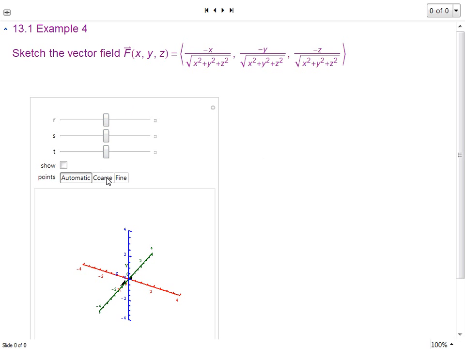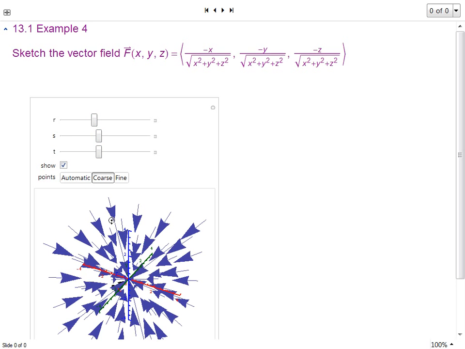Let me show you what it looks like. You know what? Let me show you the vector first. There it is. I want you to see what it's doing. It's pointing to the origin. That vector field is a very good example of what? Gravity.